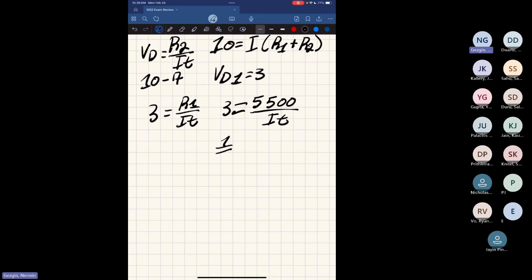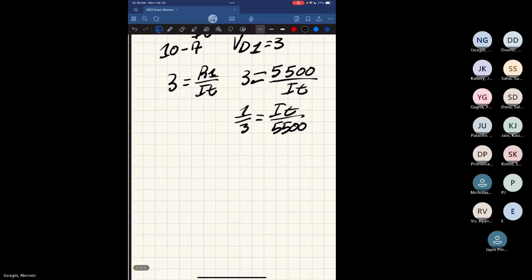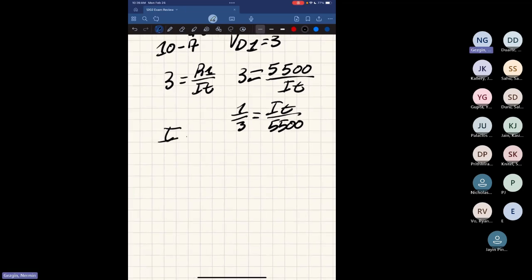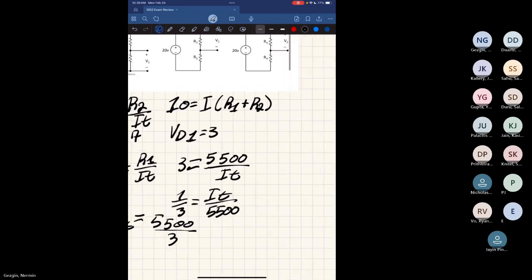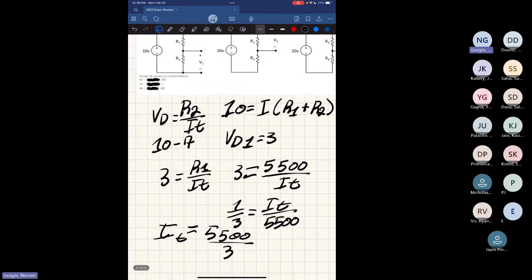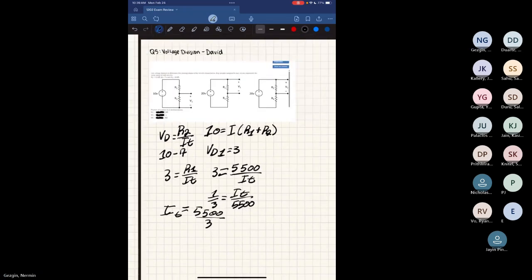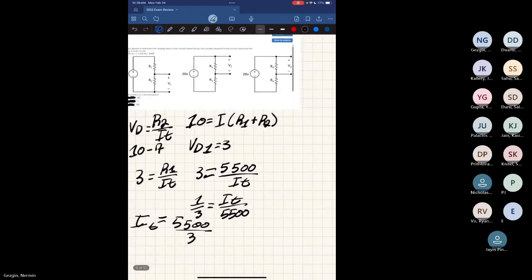So it's 1 over 3 equals IT over 5.5. And that gives us the value of IT. So now we can substitute that in to find the voltage drop of R2.